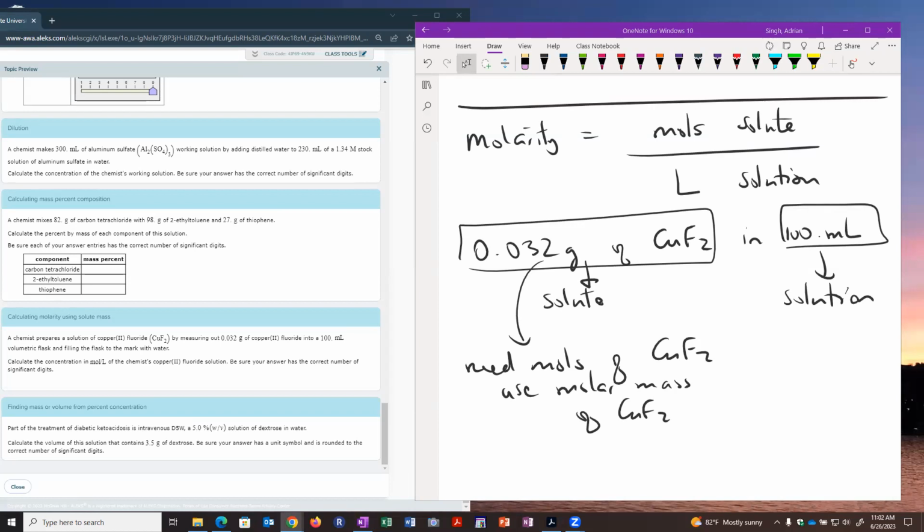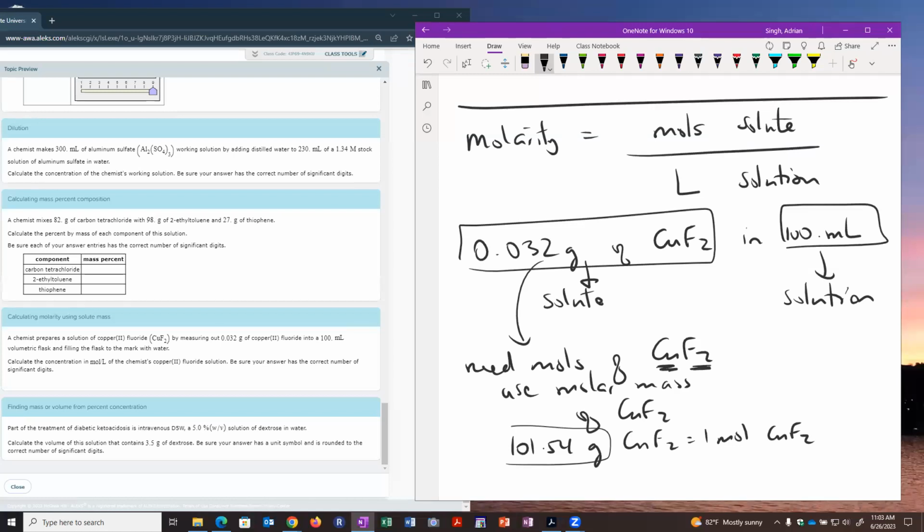Then we add together the 1 copper and the 2 Fs. Fluorine is about 19, copper is 63, plus 38. So that would give 101.54. That's 1 mole. All I did here was add together 2 Fs and 1 copper. Look those up from the periodic table, and I end up with this.